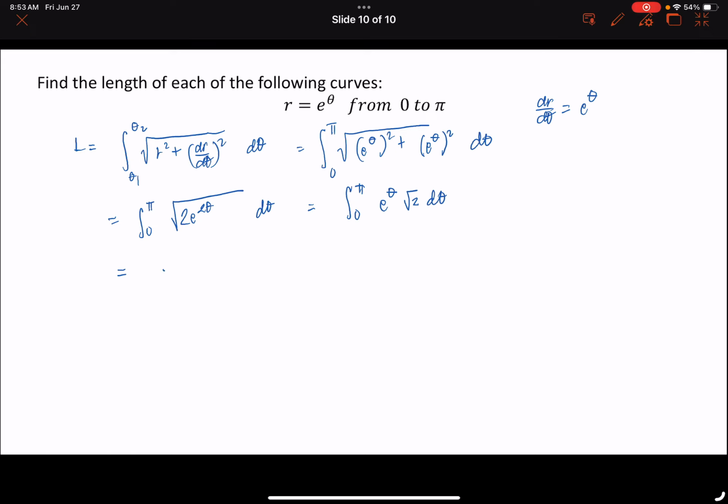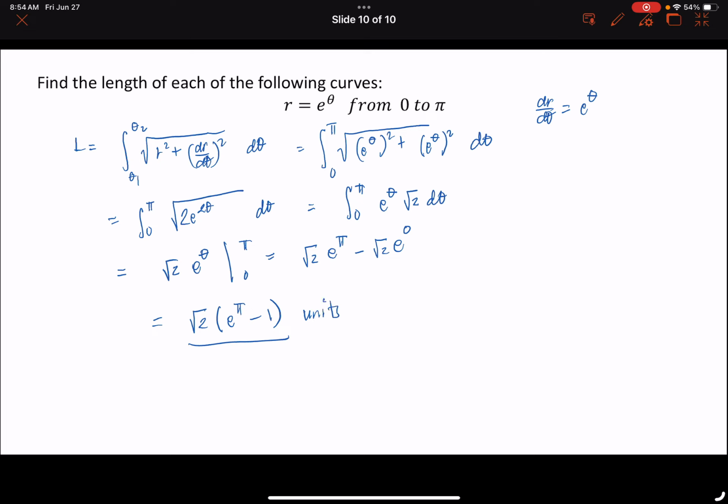So the integral would be square root of 2 e raised to theta from 0 to pi. So we have square root of 2 e raised to pi minus square root of 2 e raised to 0. So we have square root of 2 times e raised to pi minus 1 units.